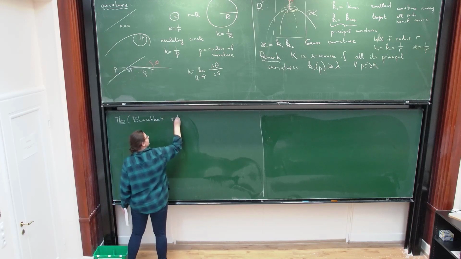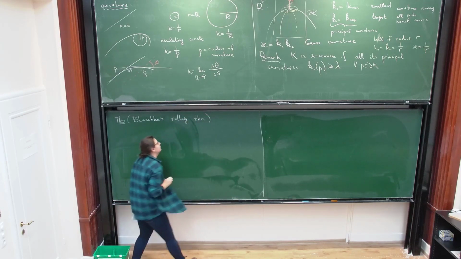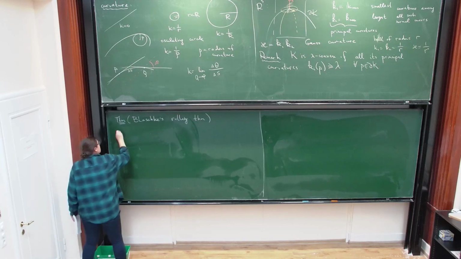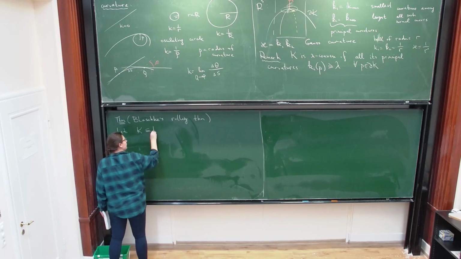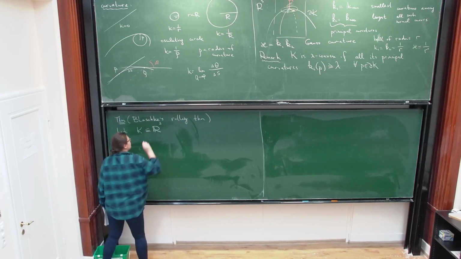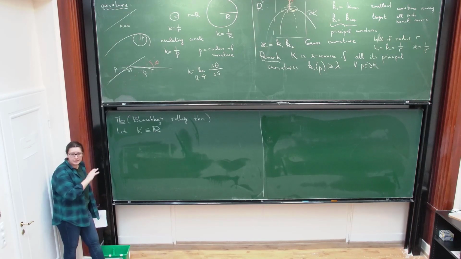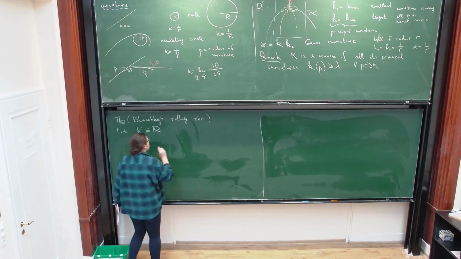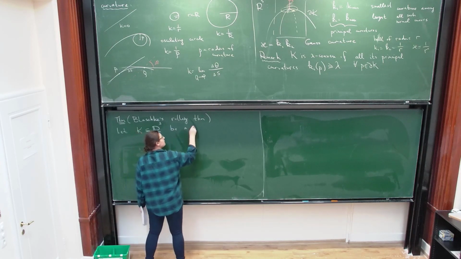The so-called Blaschke-Rolling theorem. Again, I'm going to state and prove it in R3, but there is a generalization to higher dimension, which requires a bit more tools, but one can do it. So let K be a lambda convex body.